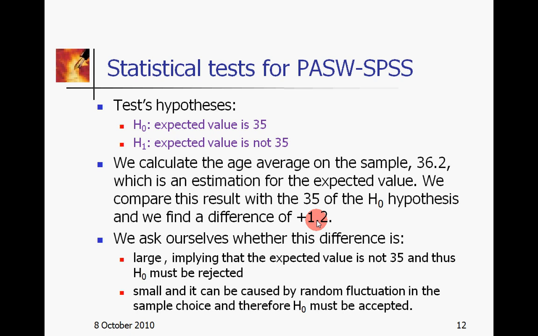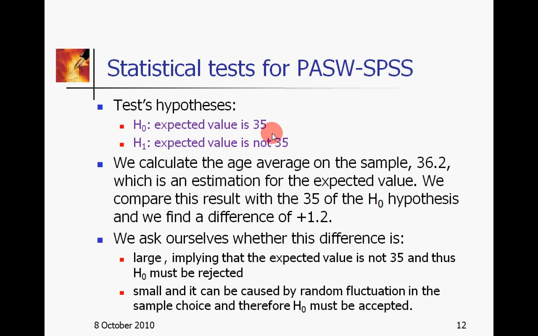We must at this point ask ourselves, is 1.2 large enough to say, okay, it may not be an unlucky choice of the sample, it's really like this, the expected value is not 35? Or is 1.2 rather small, especially compared with 35, and we say, okay, it could be that the expected value is 35.